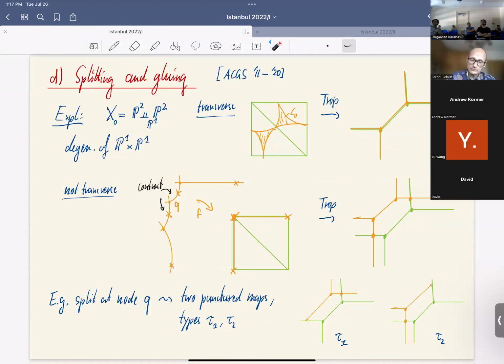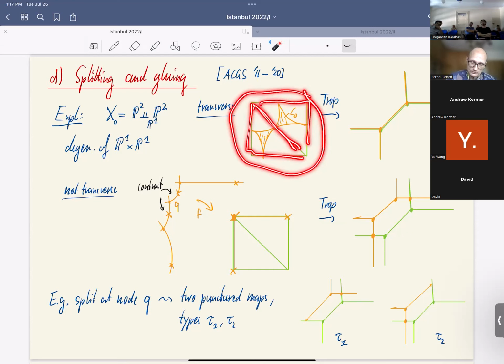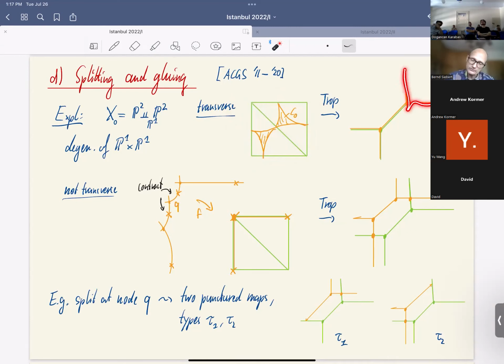Let me tell you what we want to do. Let's say we take a degeneration of P1 cross P1 into 2 copies of P2 that has a tropicalization like this on the central fiber. And I look at a union of 2 lines that intersect here. There is a stable log map with this image. That's C0.